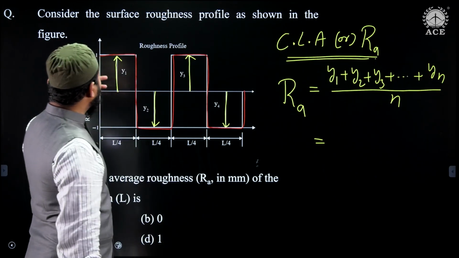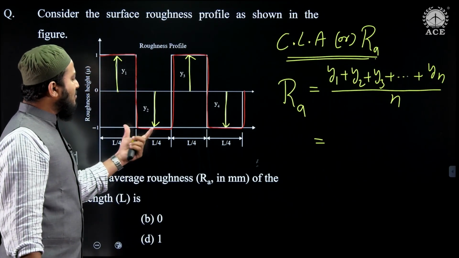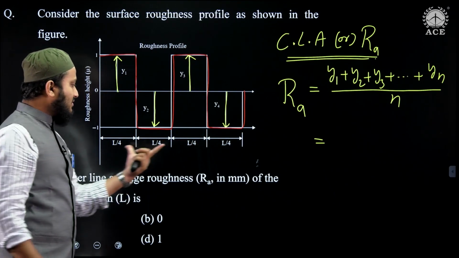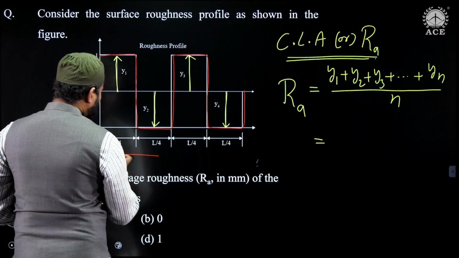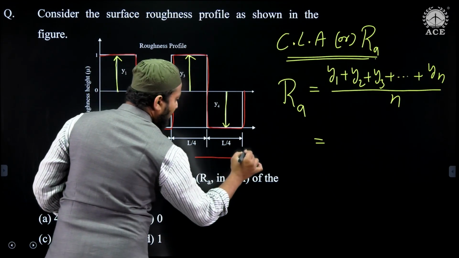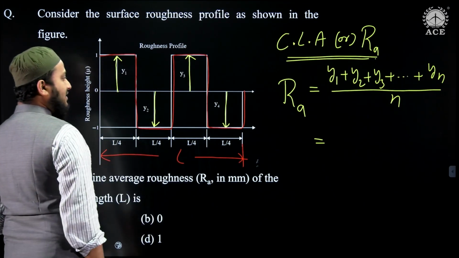We do not even know the L1, L2, L by 4 values here. It is just given as L by 4, L by 4, L by 4, L by 4. So together the total will be L. What is L here? It is the sampling length.